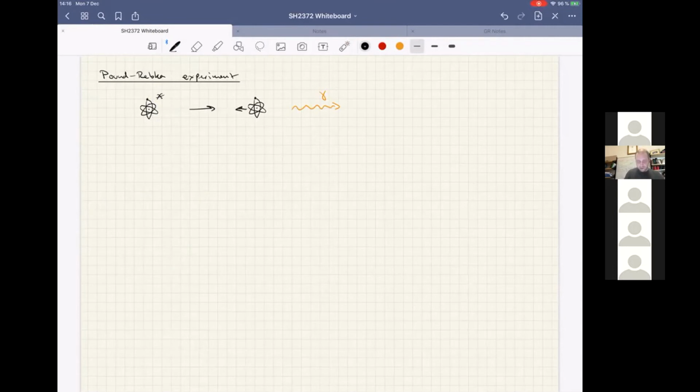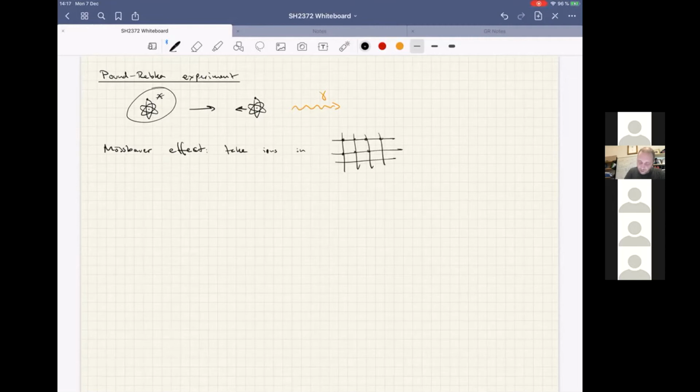So what they did now was to use the so-called Mössbauer effect. So what you do is that you don't take just an ion like this. The Mössbauer effect is that you take ions placed in a lattice, a grid like this.